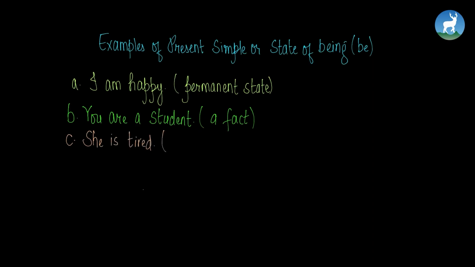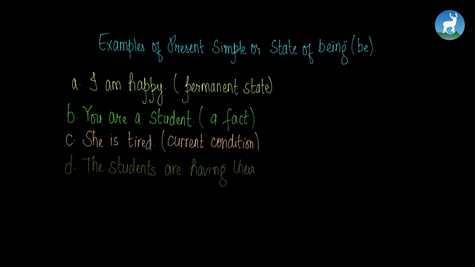What is this sentence reflecting? It's expressing a current condition. D, the students are having their breakfast. So this one is also explaining a permanent state or a current condition, right? Permanent state for the time being.